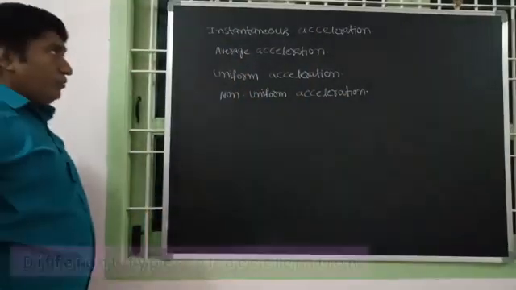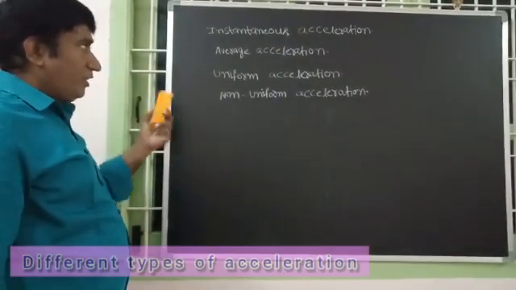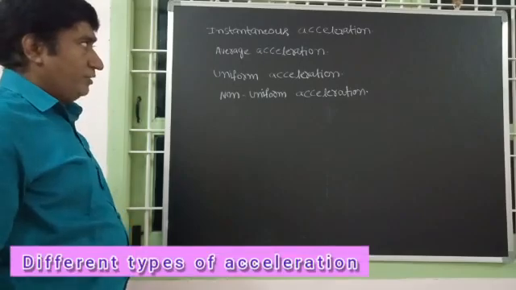These are the types we are going to learn, in the same way as we studied in the case of velocity. Here also we are going to discuss like this.